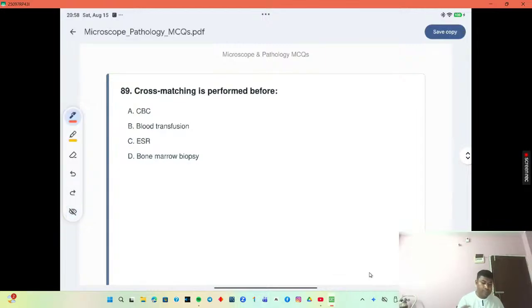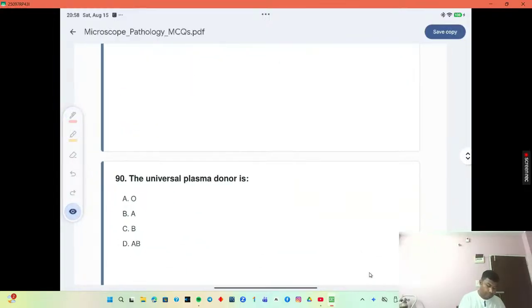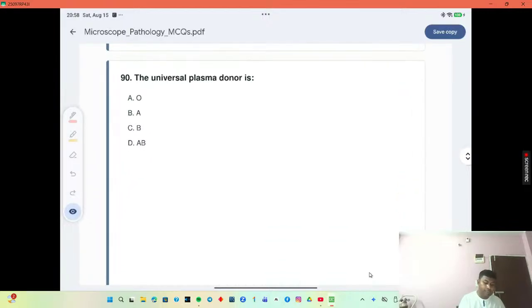Cross matching is performed before blood transfusion. The next question: the universal donor is which blood group?